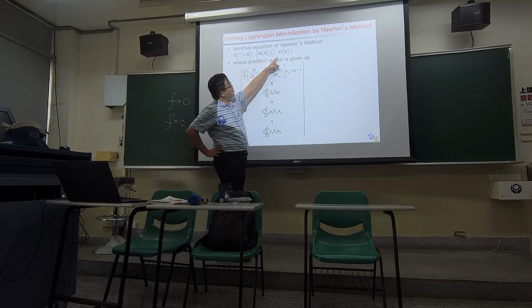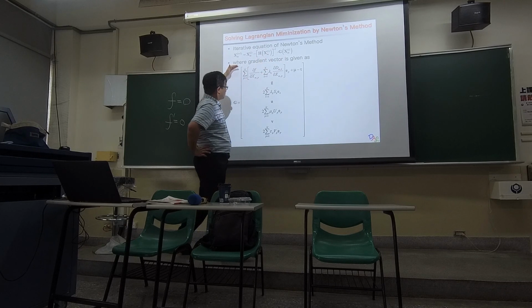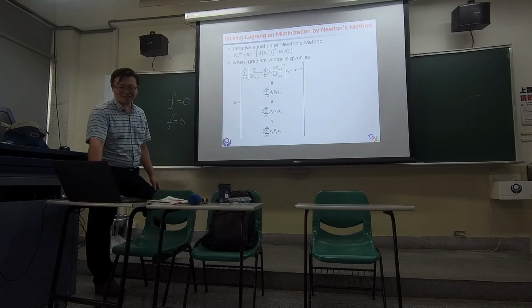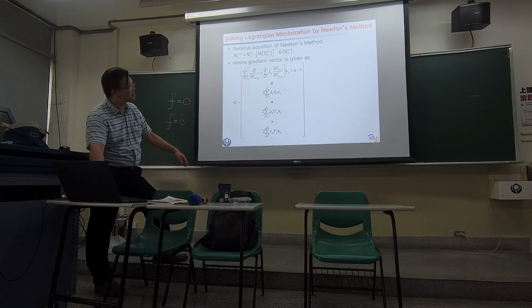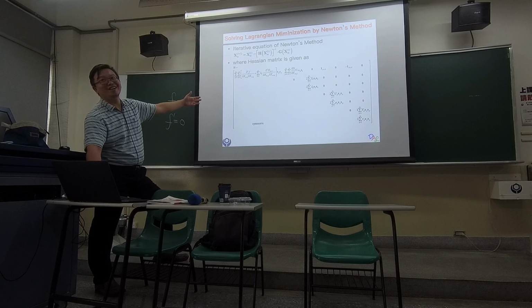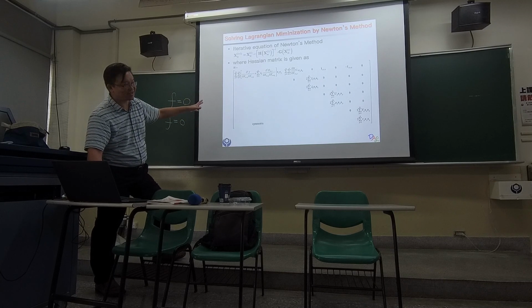This is the so-called gradient vector. Yes, this is the Hessian matrix. The gradient vector looks like this. Okay, if you're interested, you can take my optimization. And I'm going to show you the Hessian. It looks like this. Just math, okay. Anyway, we can solve it.